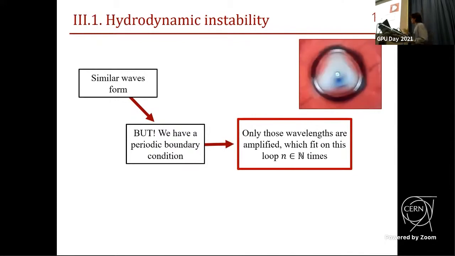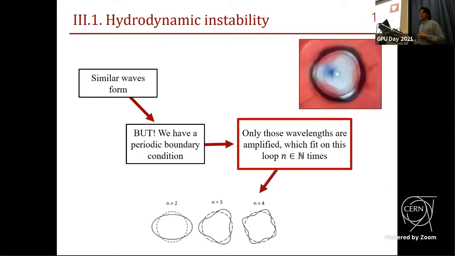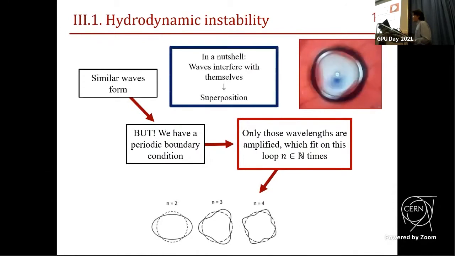And this is exactly what we see here in the sketch: these waves fit on this circle, and these are the polygons that we see. Another way to phrase this is that these waves interfere with themselves, and we see their superposition. So this is the reason that we see these polygon vortices.